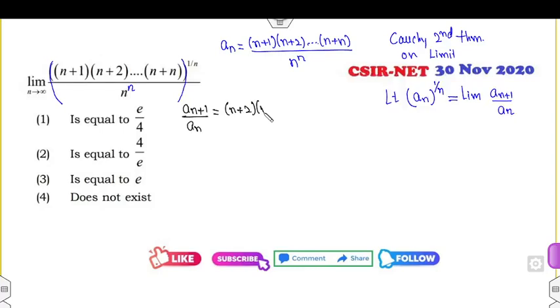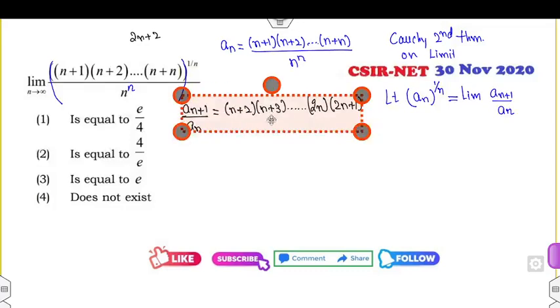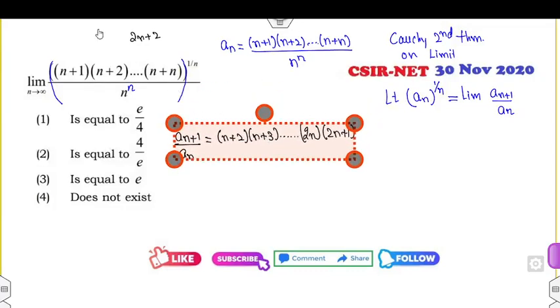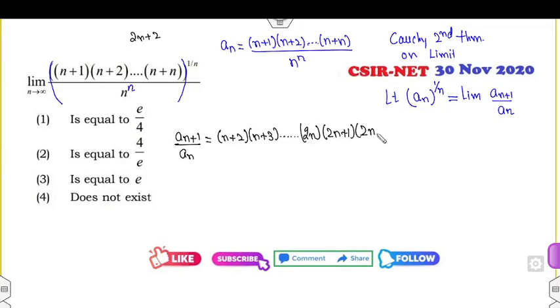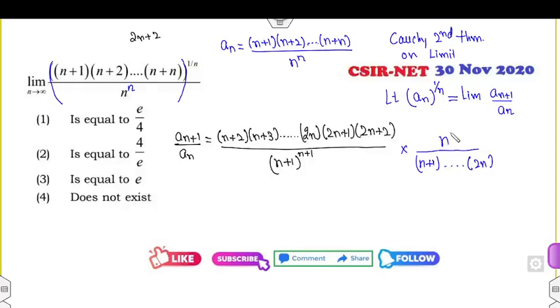It is n plus 2, n plus 3 up to 2n, and then 2n plus 1, 2n plus 2, divided by n plus 1 raised to power n plus 1, divided by an. An will be n plus 1, n plus 2 up to 2n, into n raised to power n.